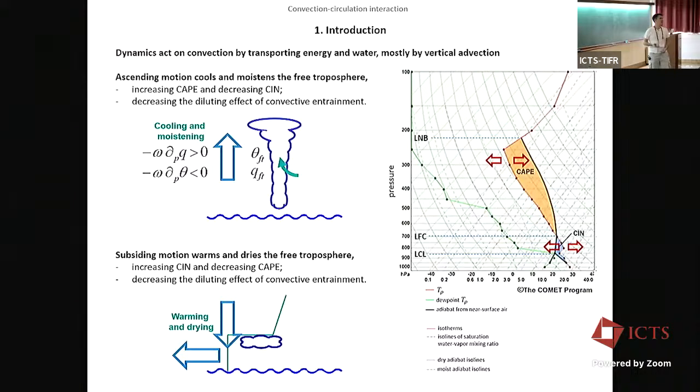Even though the surface air is warmer, it has no potential energy, so when you bring it up, it actually cools, and it's cooler than what you have above. So you're actually cooling and moistening the free troposphere, which makes it less stable and moister. So that's very favorable for convection. Essentially what you're doing is building CAPE when you're doing that.